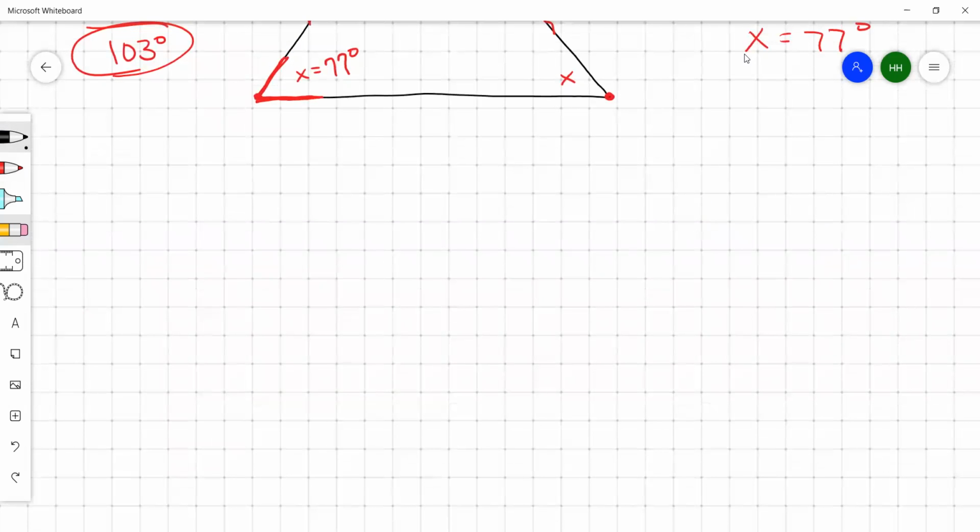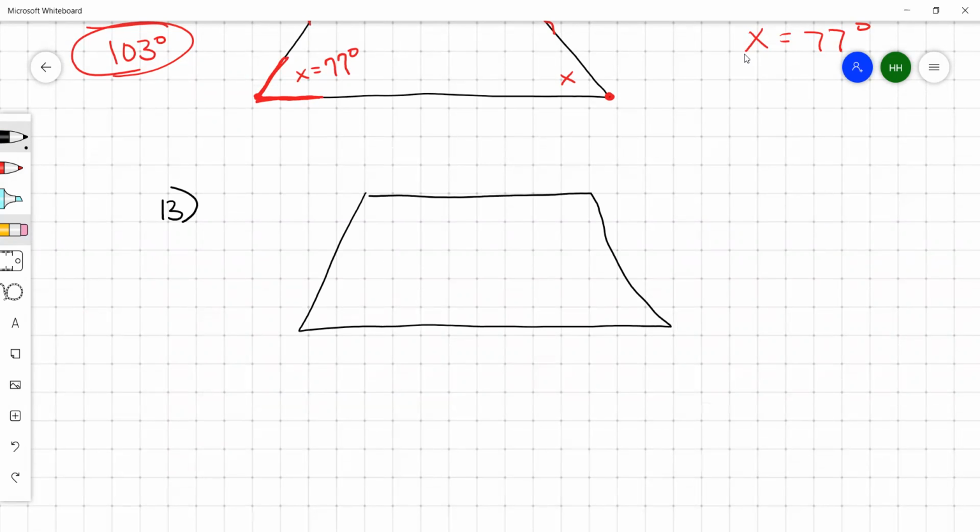Number 13. LM is a mid-segment. Here's L, here's M. AB is 71. DC is 153. What is LM?